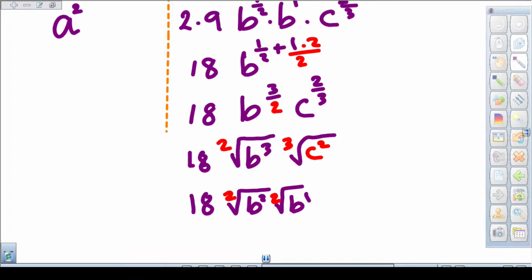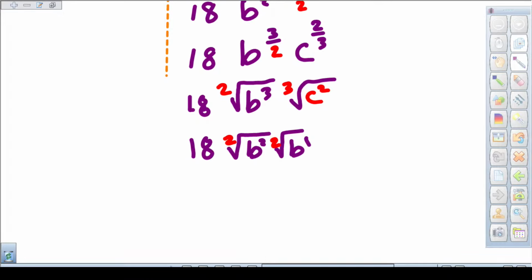And well, let's keep going with that c for a second. Here's 18. If you have two of the same, well, that's exactly what you're looking for with the square root. So that means just a b. This guy's going to remain under the square root. That's not going to be helpful to me. It's just going to stay under the square root as b by itself, or b to the first power.